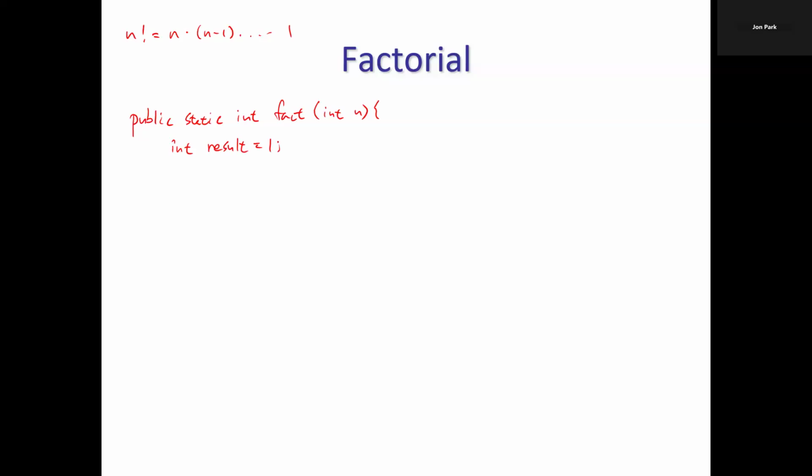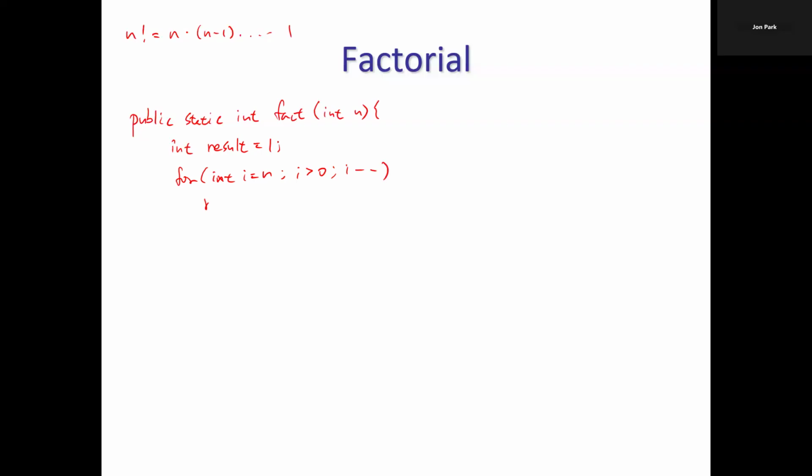Okay. So this is a product I'm going to return at the end. And I'm just going to have a for loop that repeats n times. So I'm going to set i to n, while i is greater than 0, i minus minus.